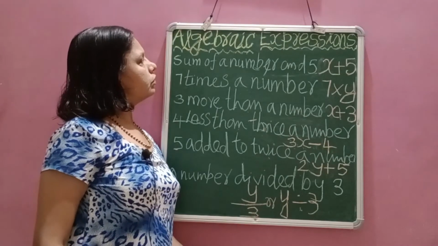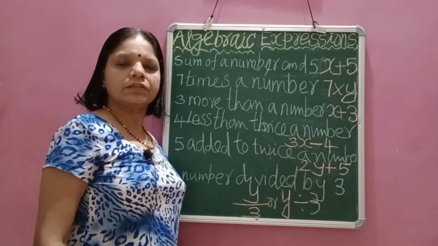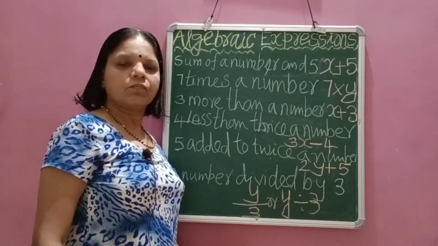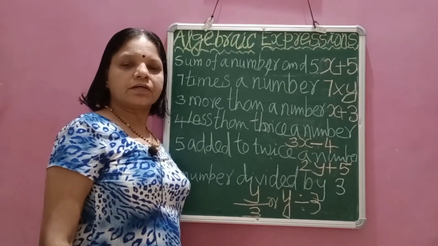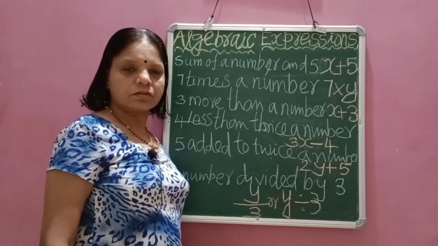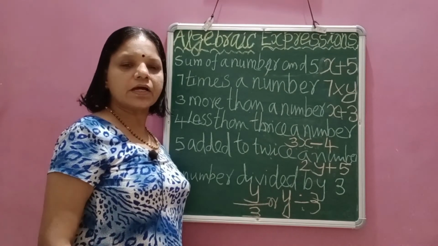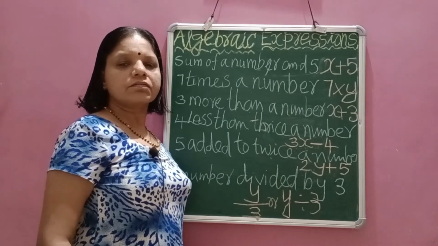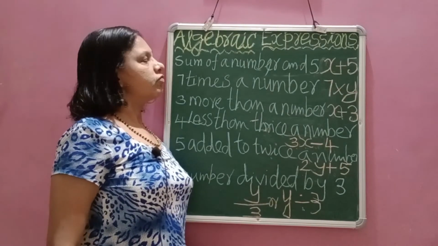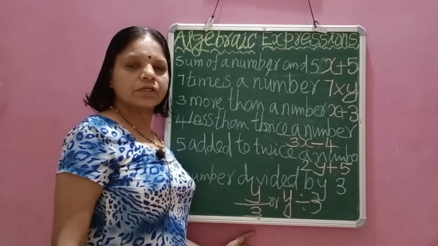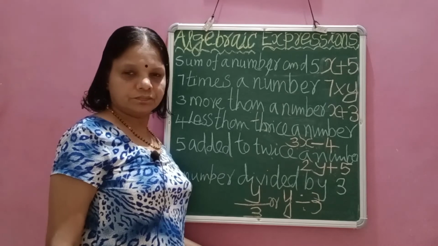Clear? So, have you understood the difference between numerical expression and algebraic expression? Both are used to express certain information, but in numerical expressions only numerals and arithmetic signs, operation signs, are there, whereas in algebraic expressions, what is more? A variable is also there.